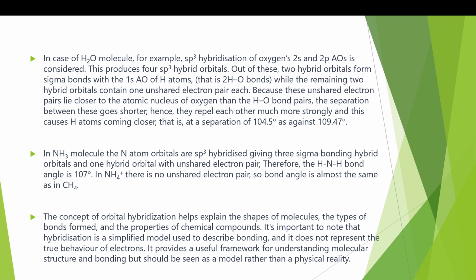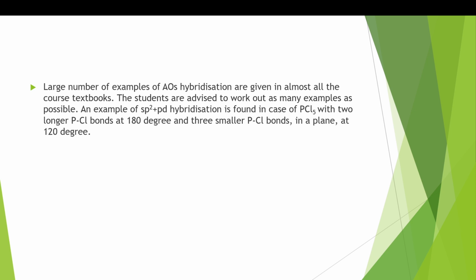It provides a useful framework for understanding molecular structure and bonding, but should be seen as a model rather than physical reality. A large number of examples of atomic orbital hybridization are given in almost all the course textbooks. The students are hereby advised to work out as many examples as possible.